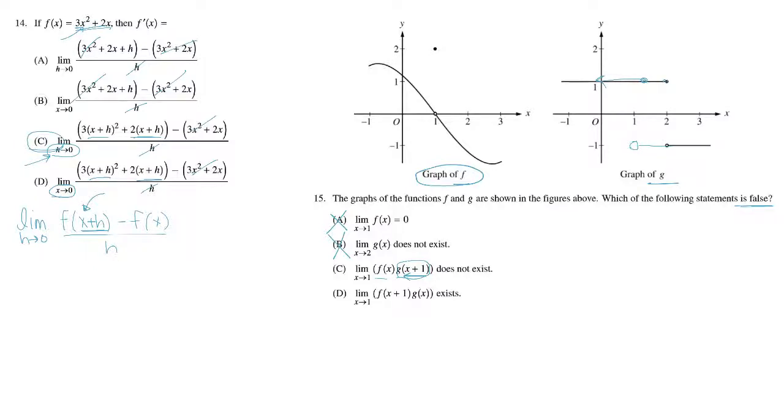So for the first part, let's say the limit as x approaches 1 from the left of f at x times g at x plus 1.